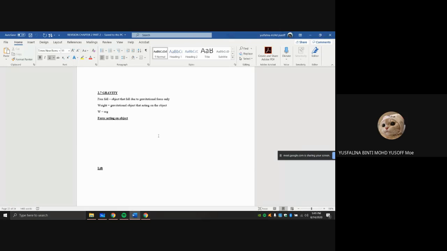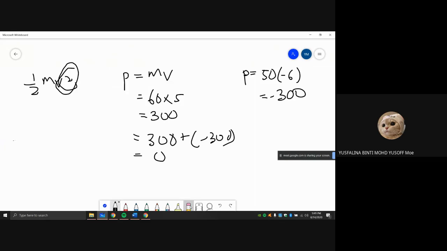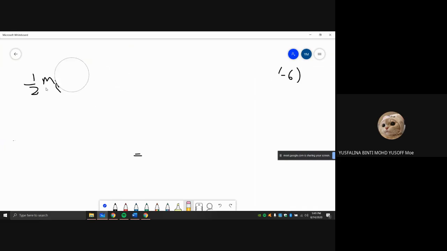And then the forces acting on an object. Let's look at a lift, right? I draw the three conditions for a lift.